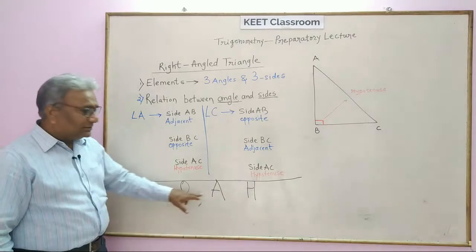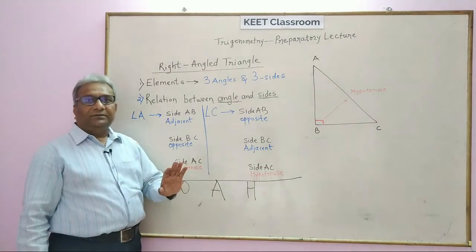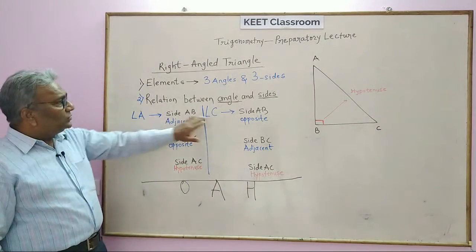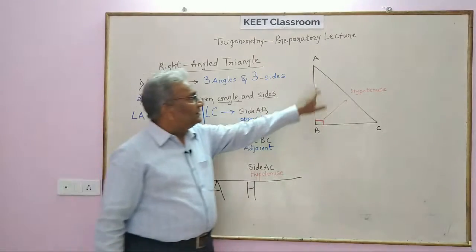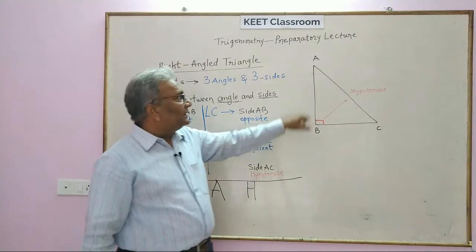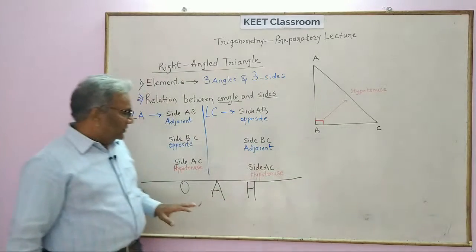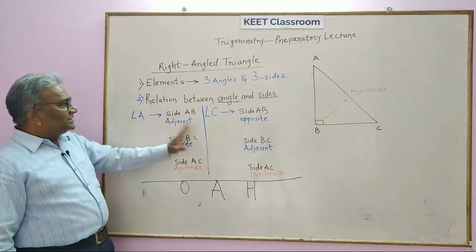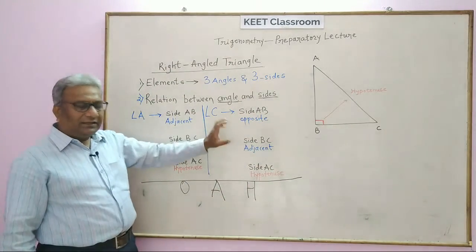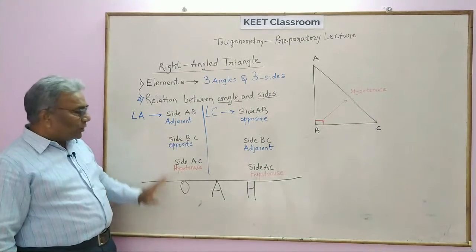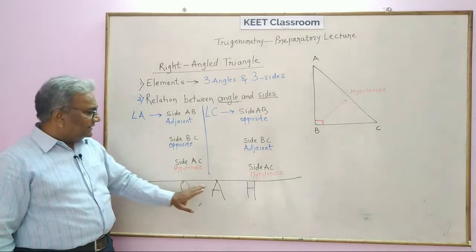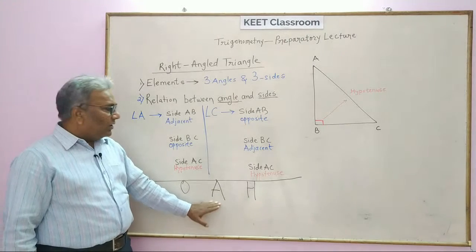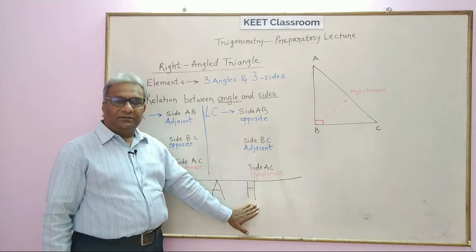These three things are very much important. For the other two angles of the right angle triangle, the relation between the sides and the angle is either the side is opposite to the angle, or it is adjacent to the angle, or it is a hypotenuse.